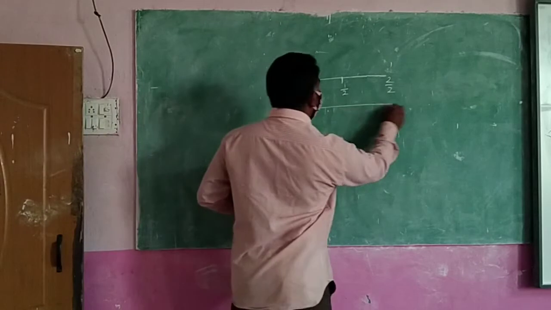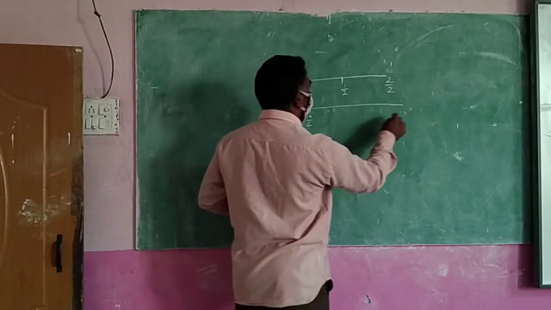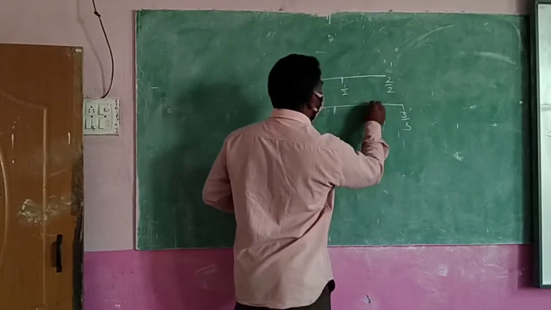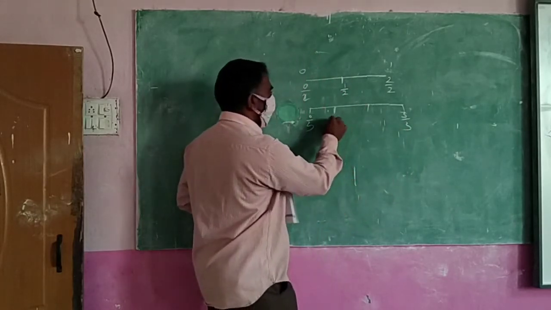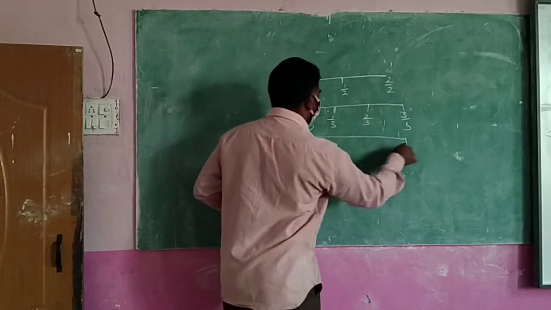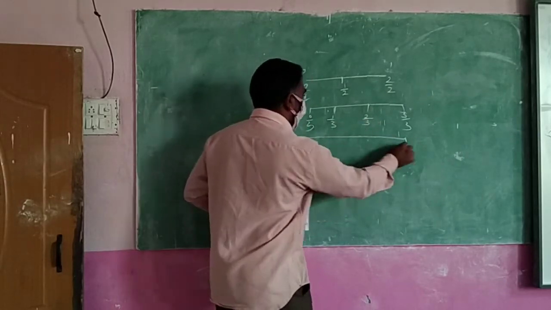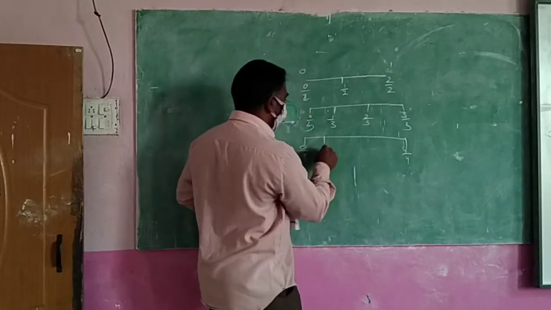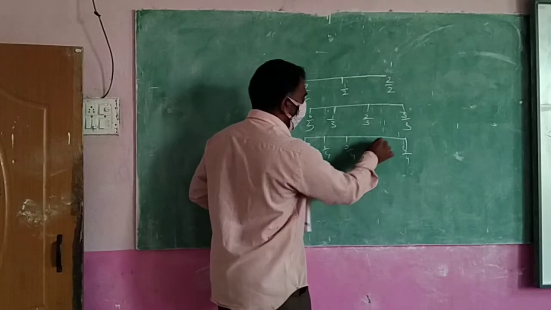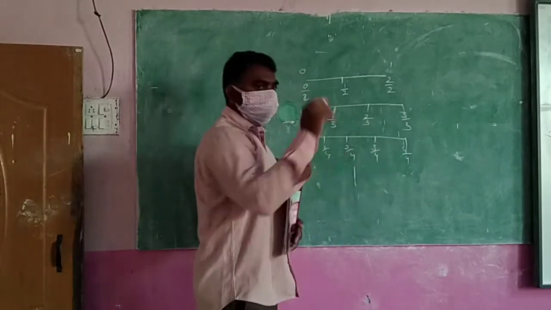Then 0 by 3, 3 by 3. Here two lines are there. What fractions are they? 1 by 3, 2 by 3. One more, 0 by 4, 4 by 4. 1 by 4, 2 by 4, 3 by 4. Like that you have to mark everyone.